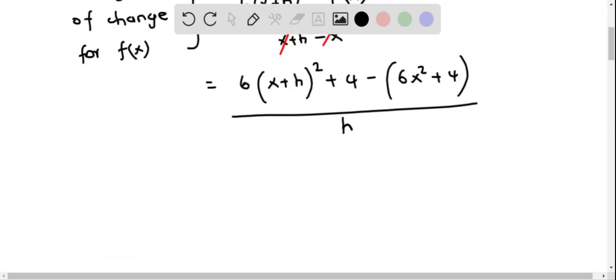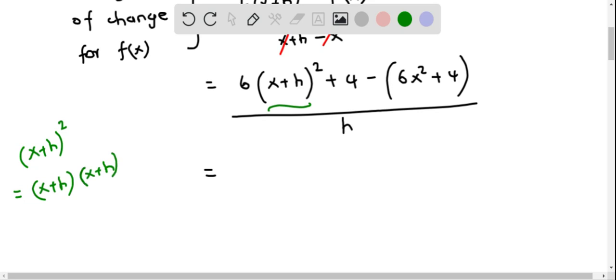Now we have to simplify this. First, we have to expand this binomial. So let's do that. That is x plus h quantity squared, and this equals x plus h times x plus h. So basically, we have to FOIL this. First, let me multiply this x with the two terms in the second bracket.